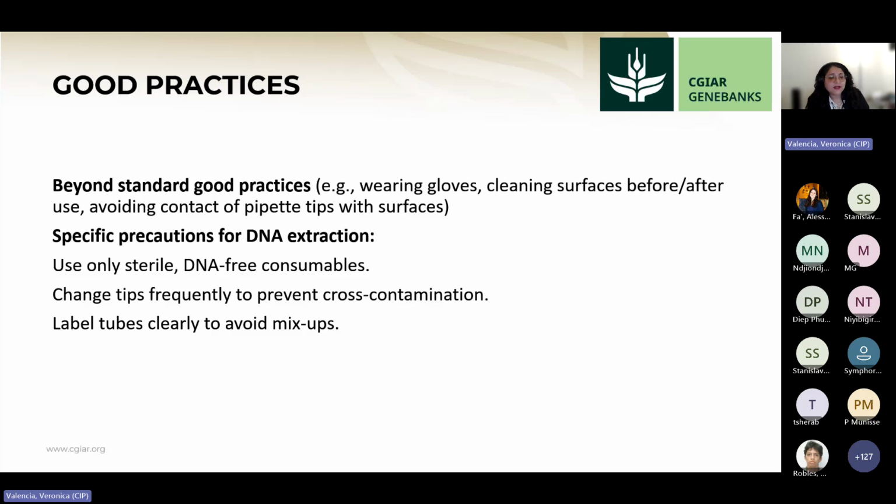Change tips frequently to prevent cross-contamination, and always label your tubes. If you can, have a lab notebook and always write down what you're doing that day, because you would know that day, but maybe in 2 weeks you won't know, right?